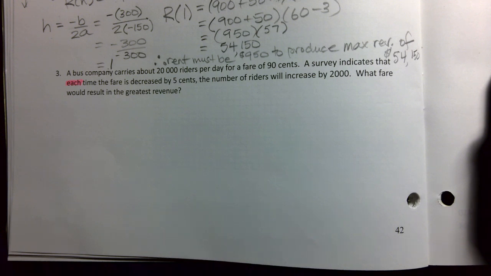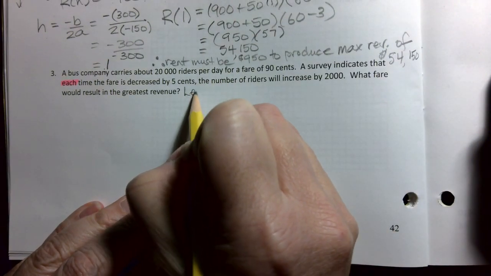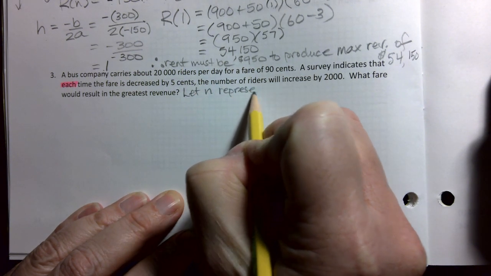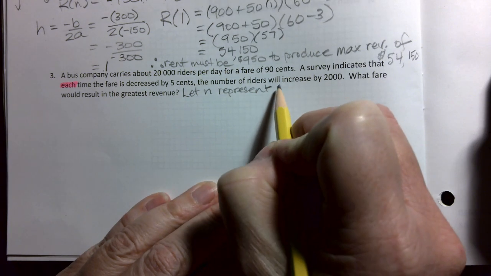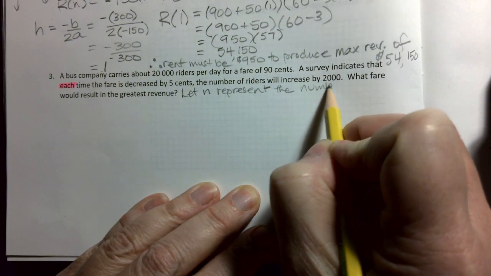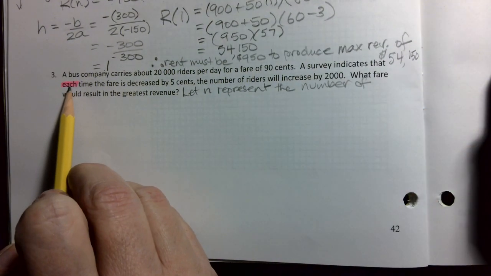Okay. Well, like I said in number 1, the first thing you want to do is look for the word each or every, and we find it right here. That's our let statement. Let n represent the number of, now, what are these doing each time?